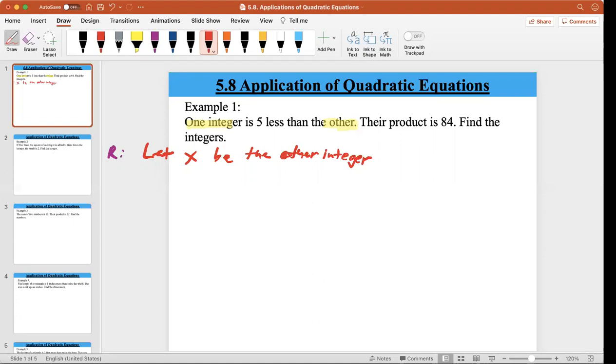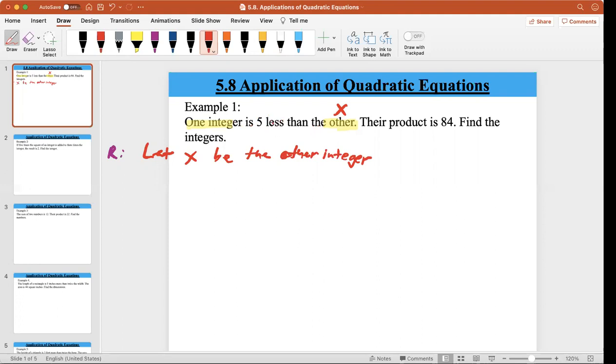If x is the other integer, then that means one integer is what? Since one integer is described as 5 less than the other, there's one operation involved here, and that is "less than." Okay? Less than means minus.